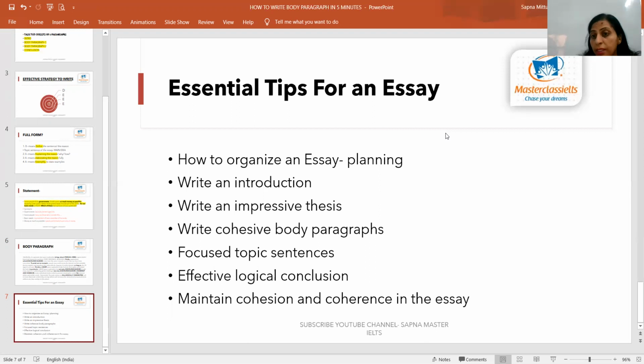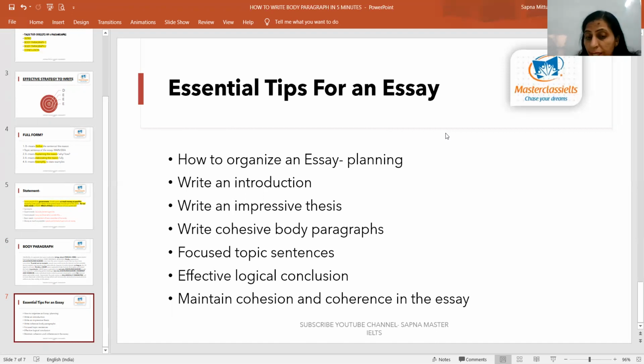Write an impressive thesis, because the thesis statement is quite important for the student as well as the examiner, because he wants to see whether you have a clear picture of the question or not. Write cohesive body paragraphs, as I have given the example right now; cohesive body paragraphs are related to the discourse markers, linkers and connectors. So try to use that.